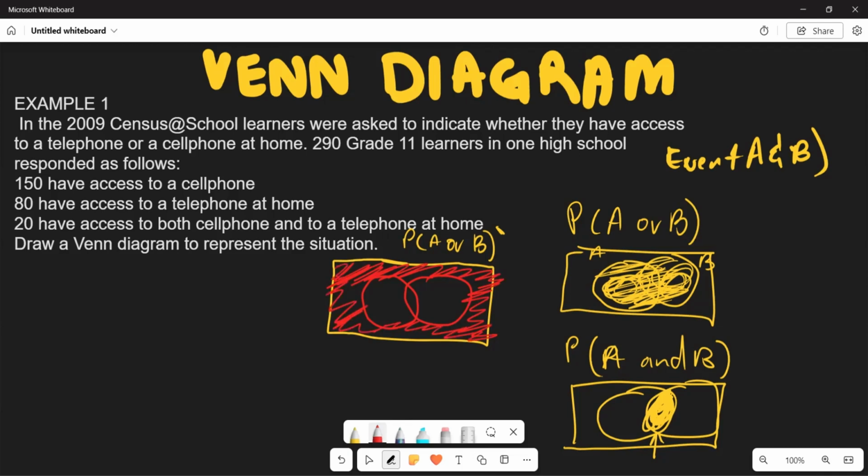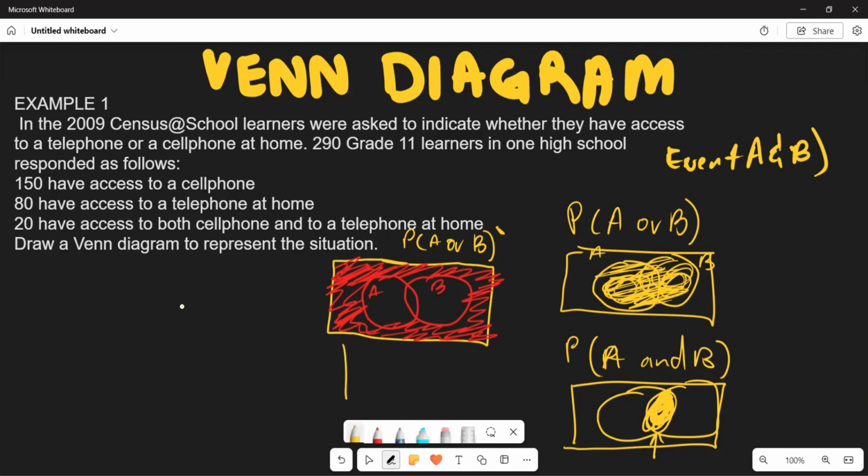So it's going to be this outside shading, where this is your A and this is your B. This outside shading is the one that represents your probability of A or B not. So this is how it is represented within your Venn diagram.